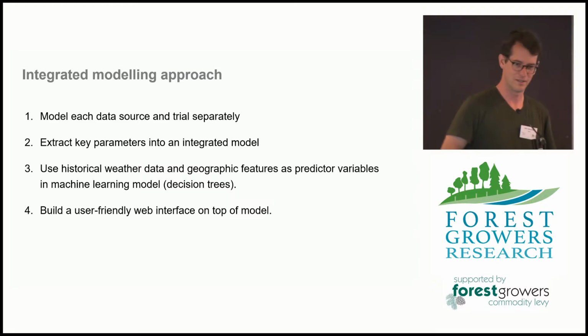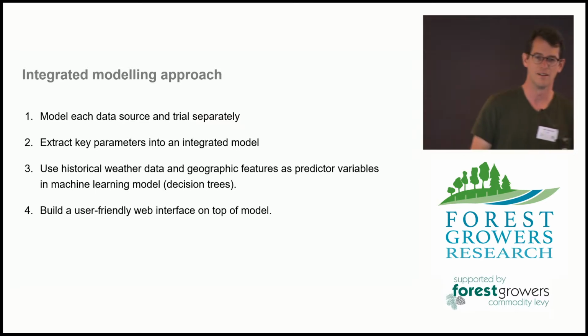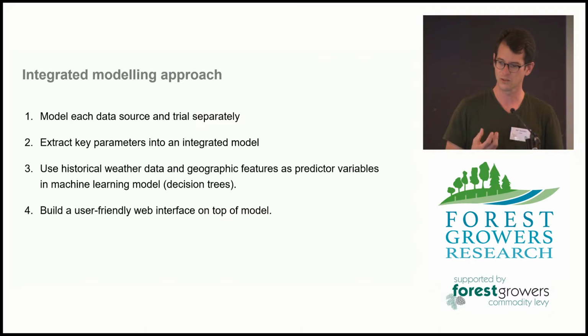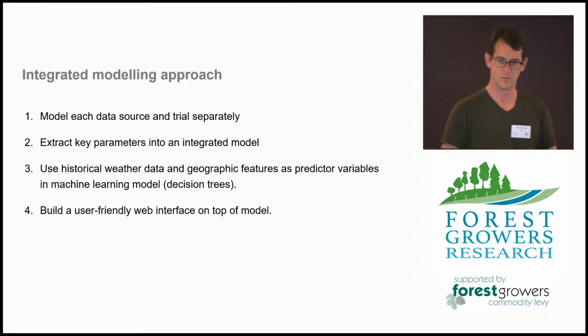So the way we did this particular research, and it's really only the last year and a half that we started pulling this all together, we took all of these individual data sources and first modeled them separately, and then extracted one or a couple of key parameters and used that to put it into this integrated model. And then we automatically get the weather data for the whole country, and we know all of the geographic features as well, like elevation, slope.